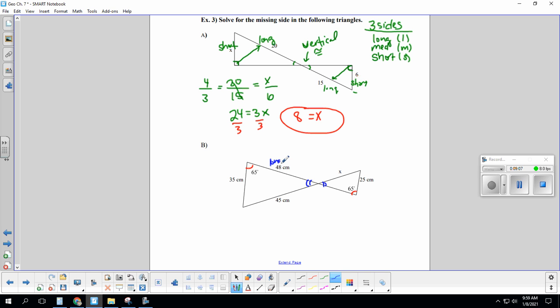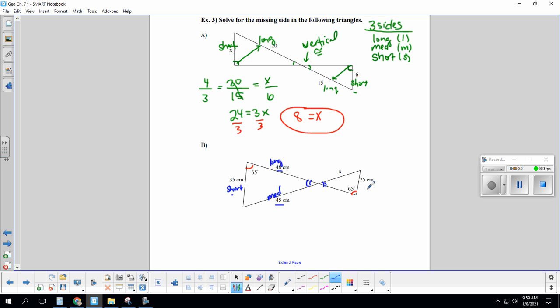How do I know that it's the long side? It's 48. This is the medium side, which is 45, less than 48. And this has got to be the short side because 35 is shorter than both 48 and 45. The one across from the vertical angle is the short side.